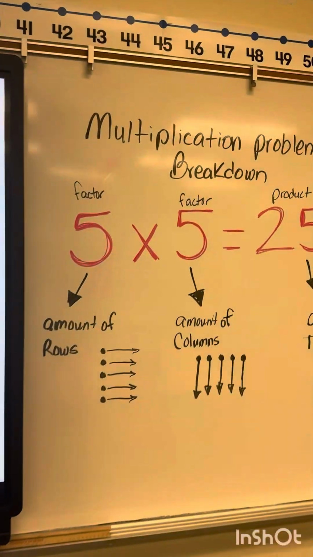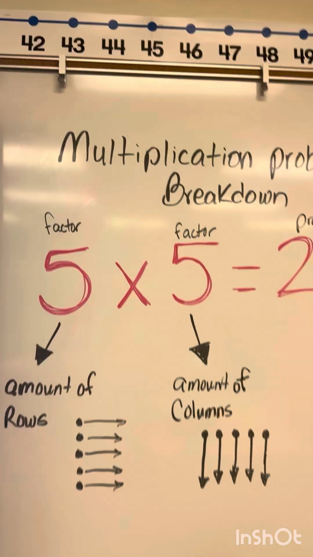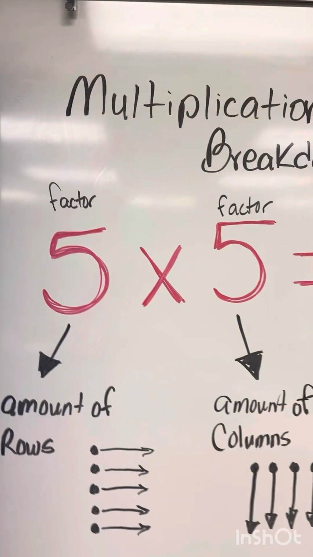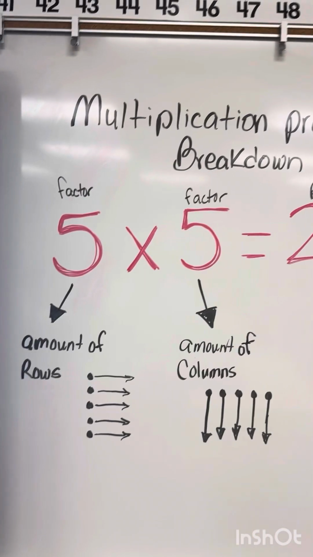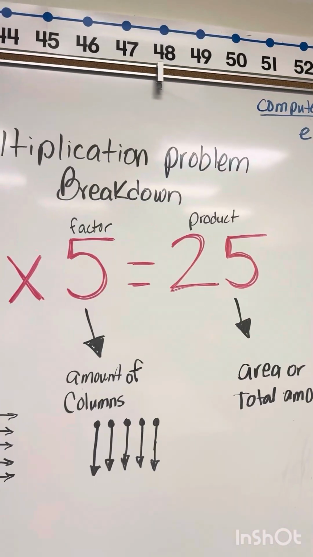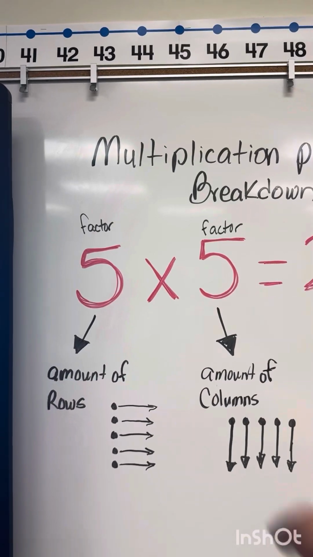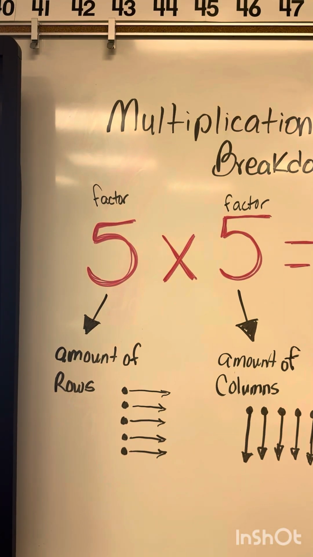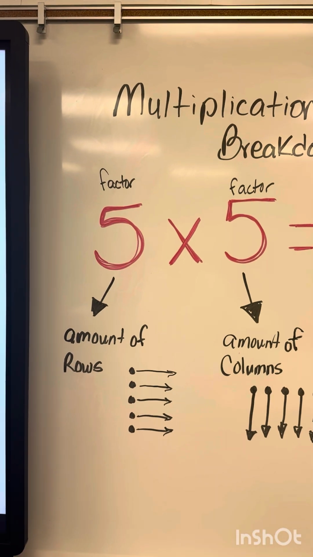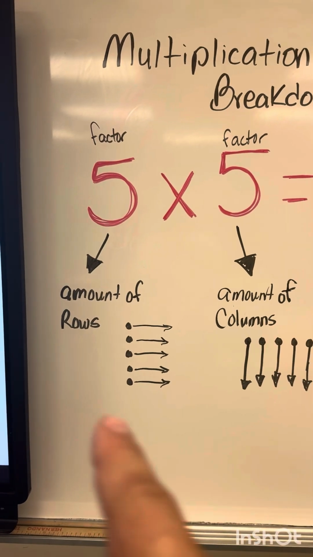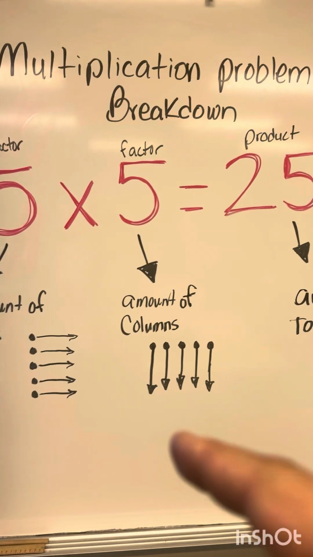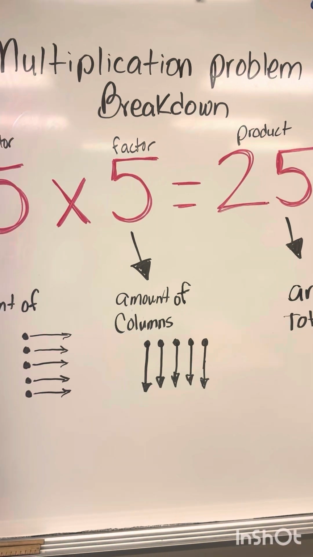We have factors and we have products. In a multiplication equation, we have 2 numbers that when multiplied together, you get a product. These are called factors. One factor will demonstrate the rows, if you were to draw it out. Another factor would demonstrate the columns.